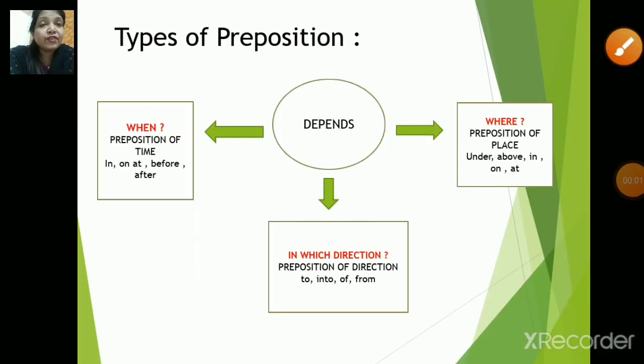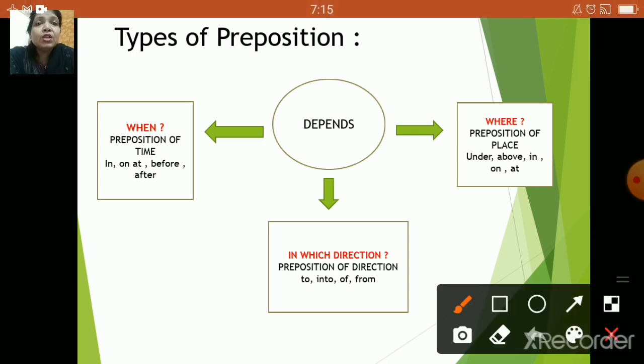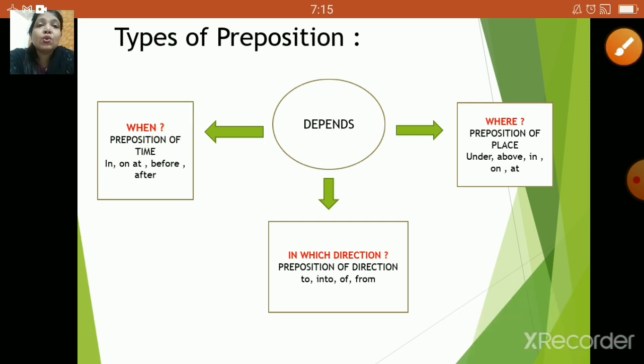Now let us check few types of preposition. As we know, children, depending on the sentence, we may come across few prepositions, like when the event took place, right? So it will tell us the preposition of time. So the words which we use could be in, on, at, before, after. Now where, that means preposition of place.